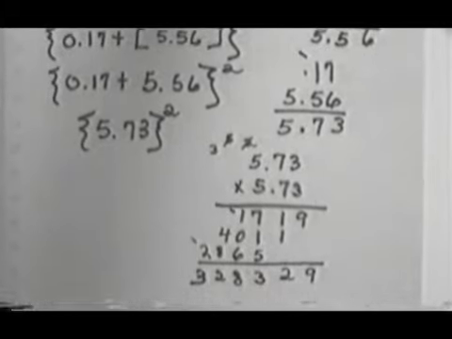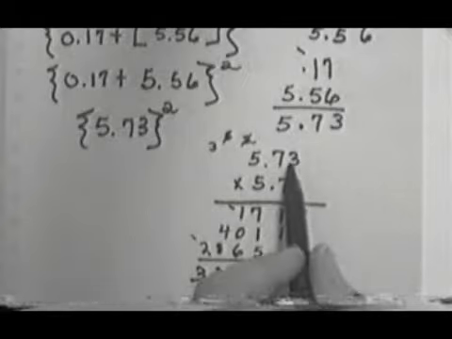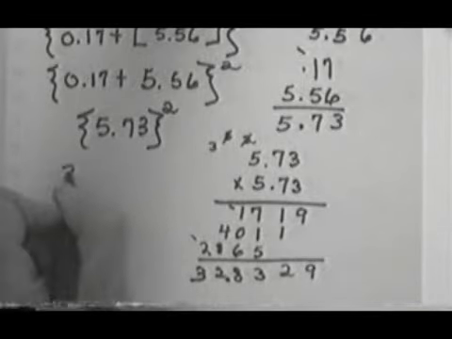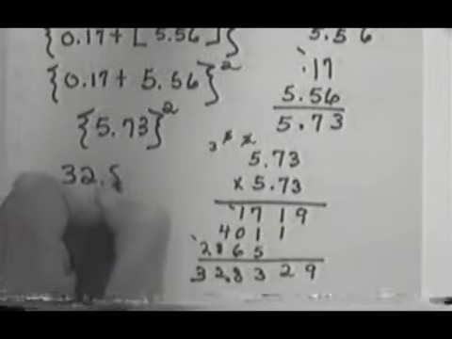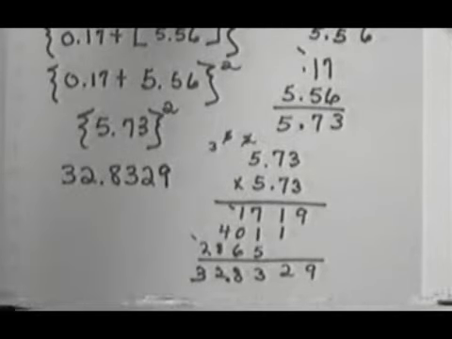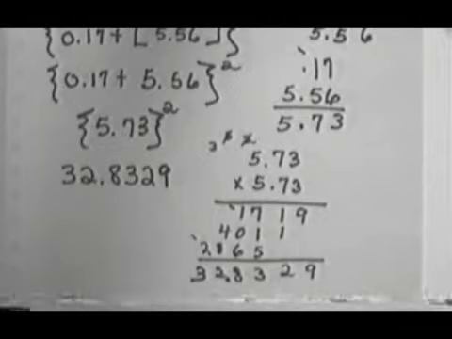So we get 3, 2, 8, 3, 2, 9. When we were multiplying, so we have to count decimal places. 1, 2, 3, 4. So we count 1, 2, 3, 4. Put our decimal point here. So we end up with 32.8329. Or 32 and 8,329 10,000ths.